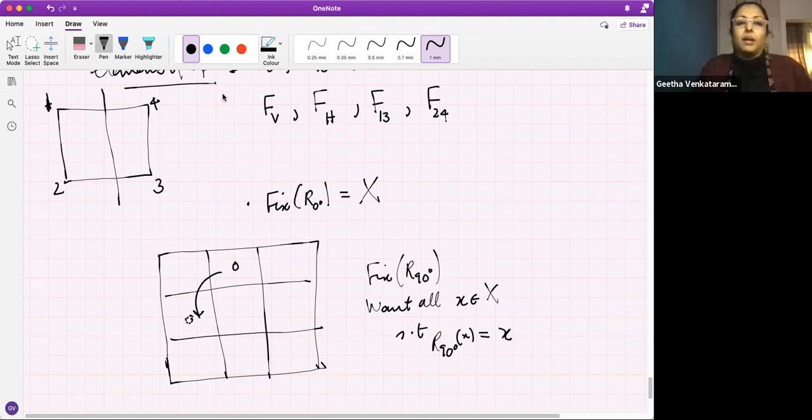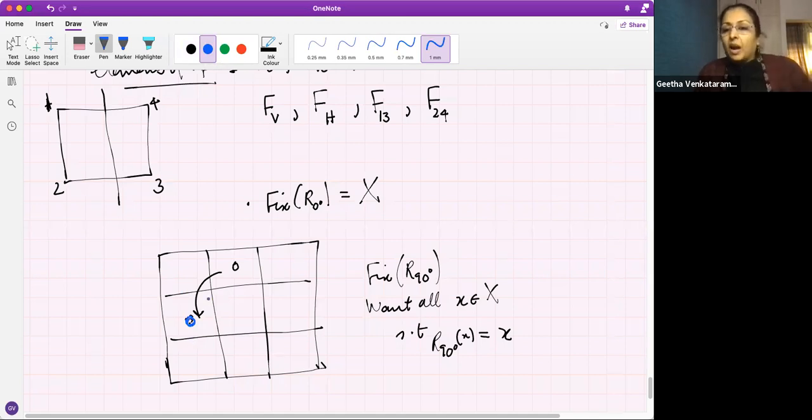Starting from assuming that one of the holes must be somewhere on the outside, and knowing that this card is fixed by the 90-degree rotation, I conclude that wherever this hole goes under the 90-degree rotation, that is where the second hole has to be. So the second hole is somewhere here.